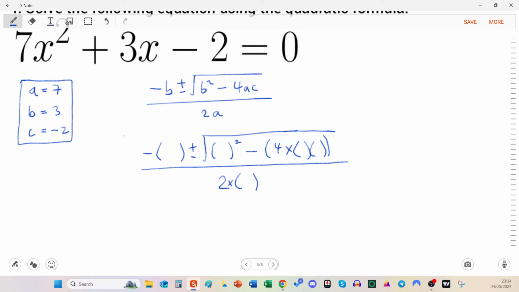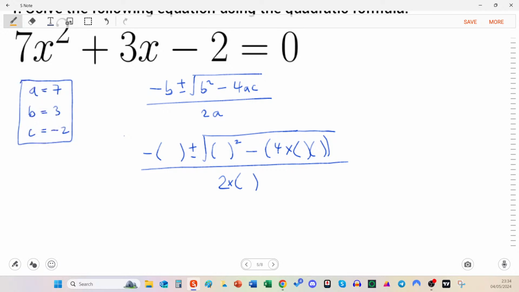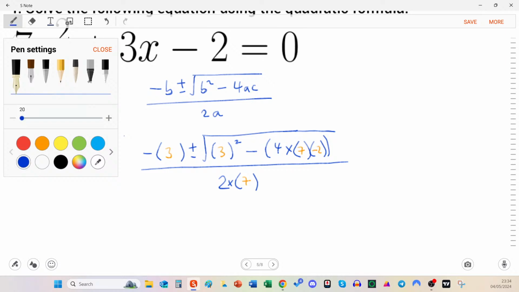Now, every now and again I write a little extra for structure, like a multiplication. Now, we're just going to put these straight in. So b was 3, and it appears there as well. A is 7, c is negative 2, and a was 7. Okay, bit of working out to do.